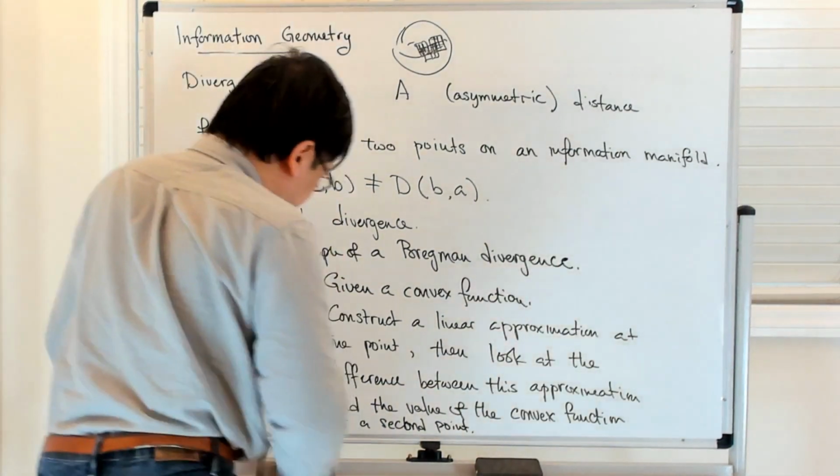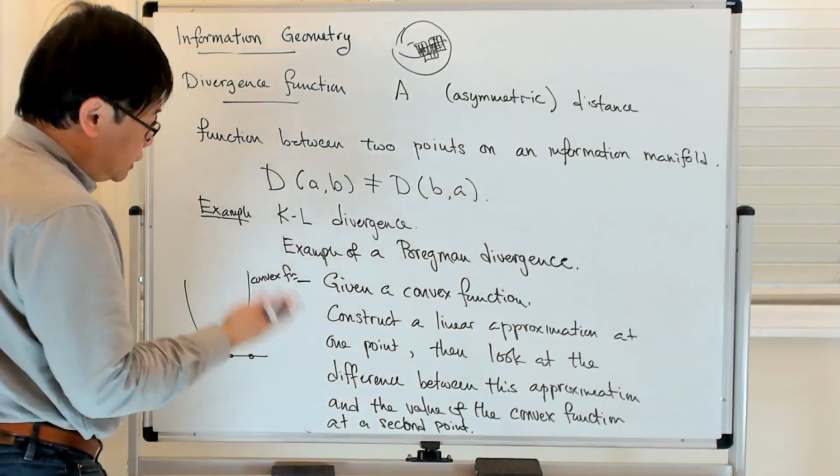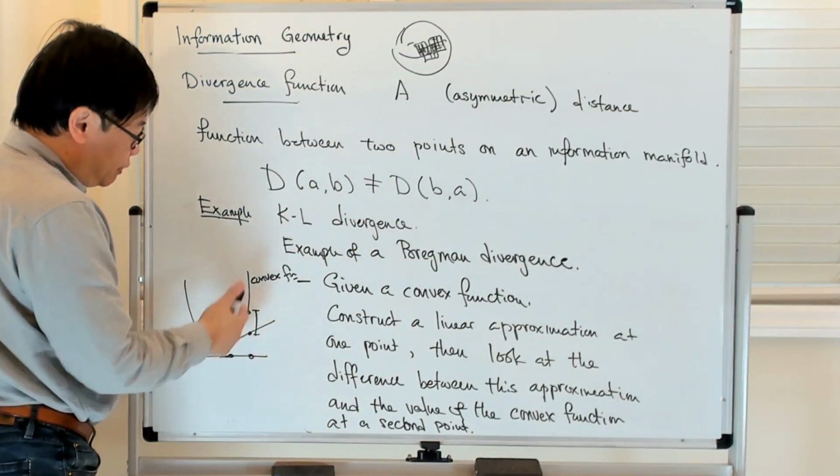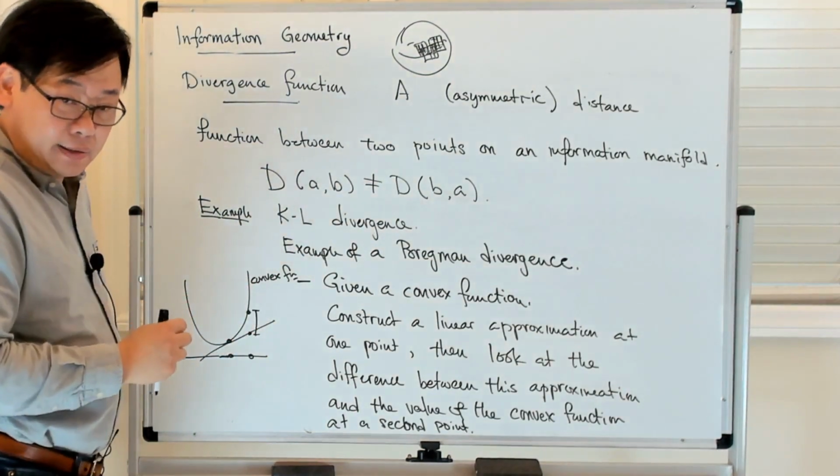And in general, then, such an object, such a Bregman divergence, would have the property that this is asymmetric.